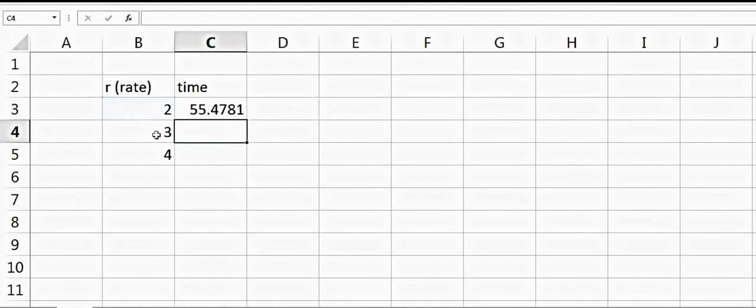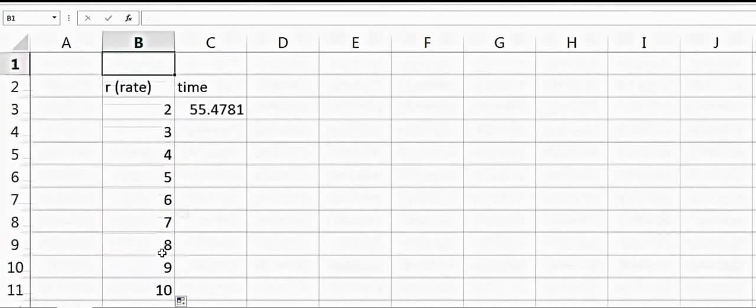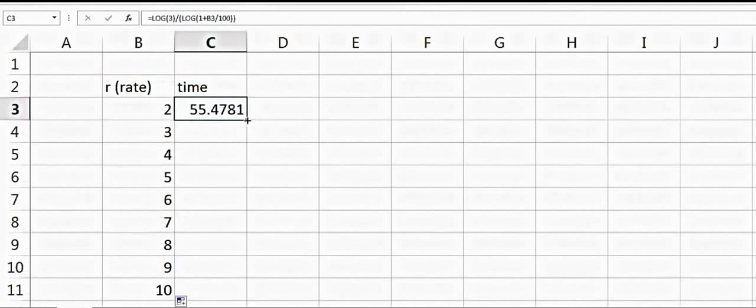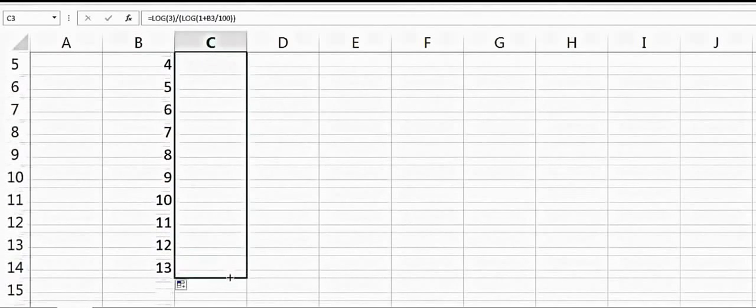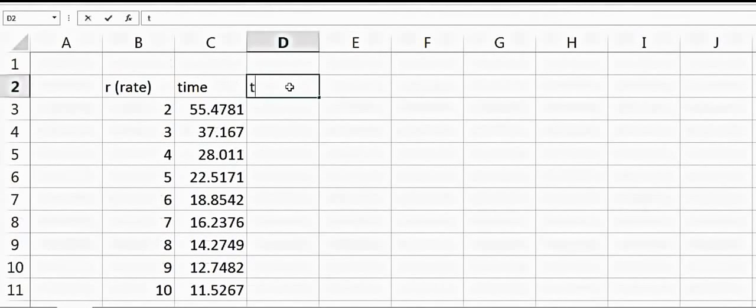Now we can keep extending this rate to, suppose, 13%, and we can calculate the time for the investment to be three times for all these years. So that's how we get the time. Now if you multiply time with the rate, that will be equal to time into rate.